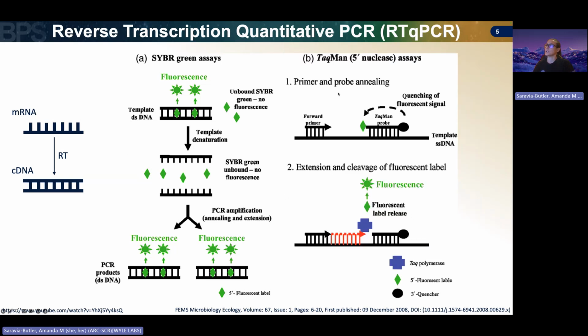Another way to do RT-qPCR is through a process using TaqMan probes. With this process, again, we're going to go through PCR cycles. We're going to have a primer flanking our target region, or our target gene in this case.